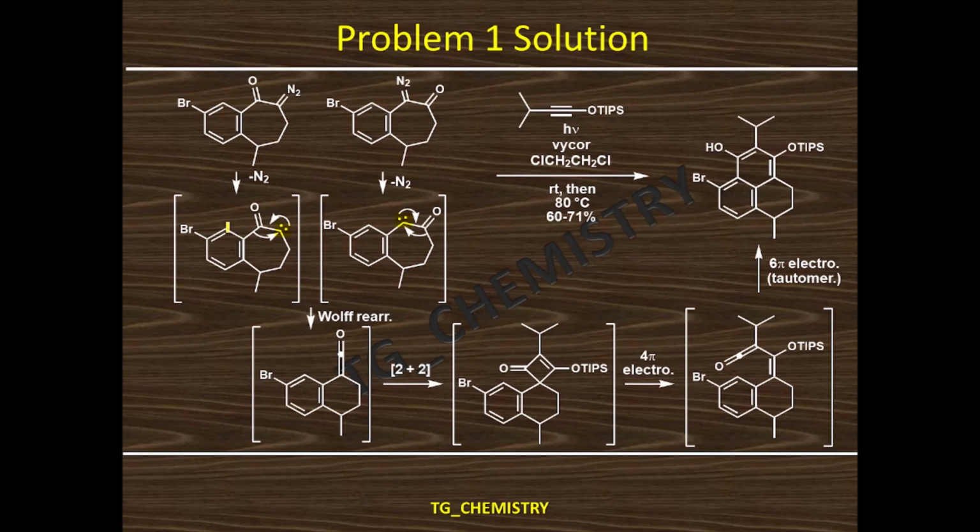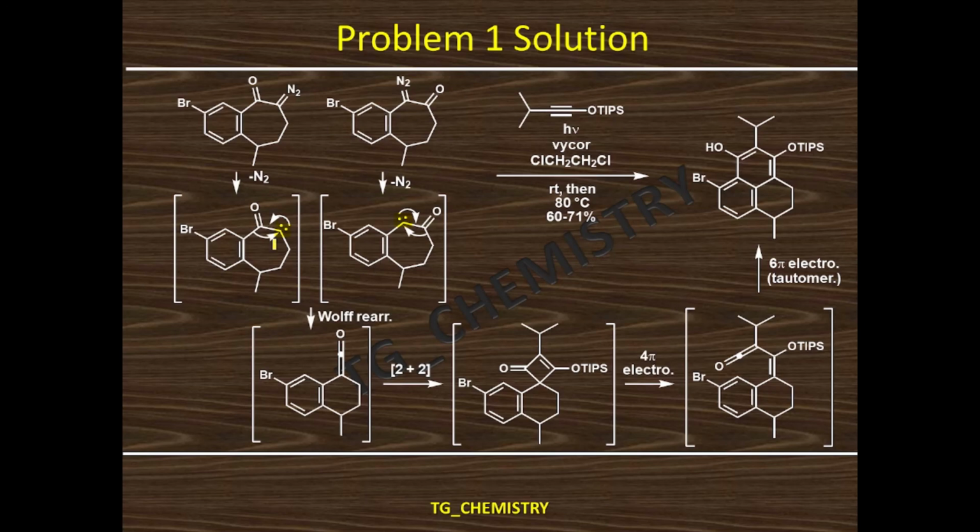In the third bracket, you see the carbene generated from both substrates, and eventually they will undergo the Wolff rearrangement to produce the ketene, the single ketene from both carbene isomers.